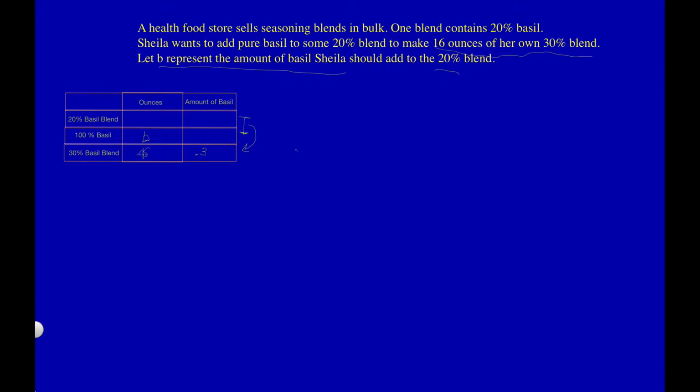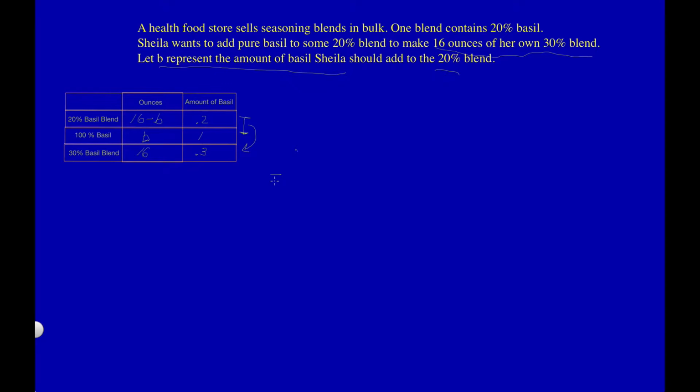So 16 is the total. A portion of it will be B ounces of the 100% basil blend, so the remaining portion is 16 minus B. The percentage is 0.2, because it's 20% basil blend. And the final box is 1, because it represents a full basil blend, or 100%.